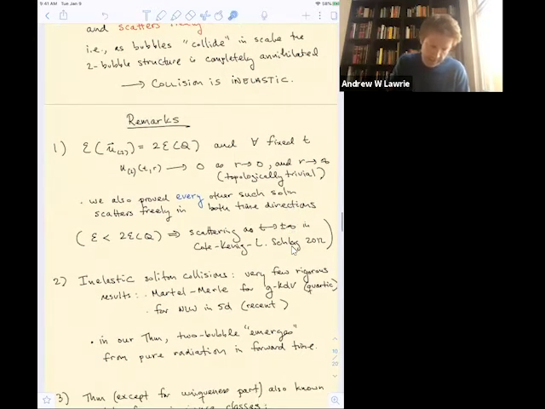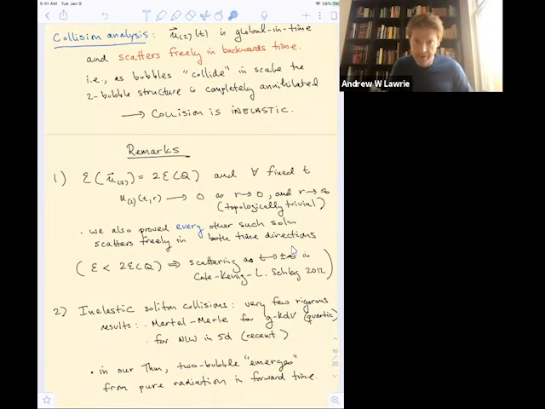This last component of the theorem, the collision analysis, is a mostly open question for PDEs admitting solitons.